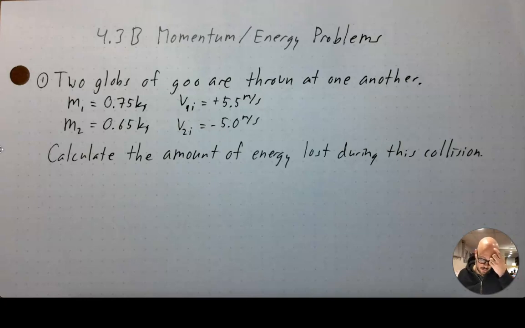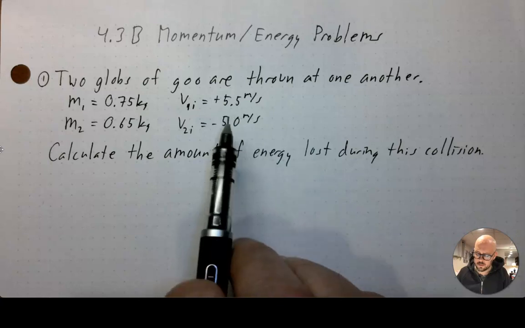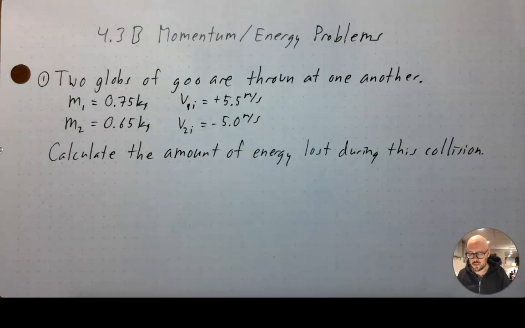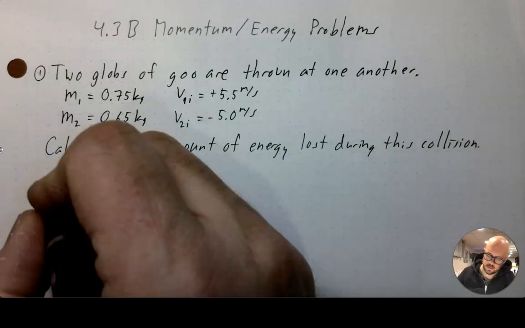And so to calculate the amount of energy lost, I need to know how much energy there is at the beginning and then how much energy is there at the end. So I'm just going to do some momentum calculation.